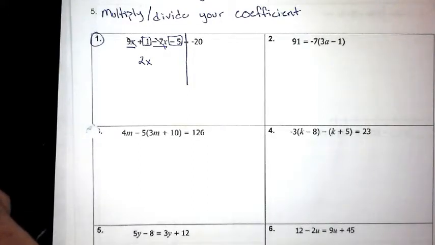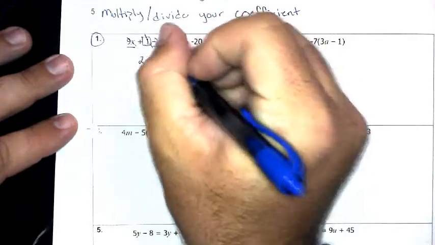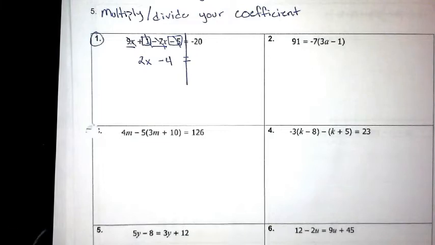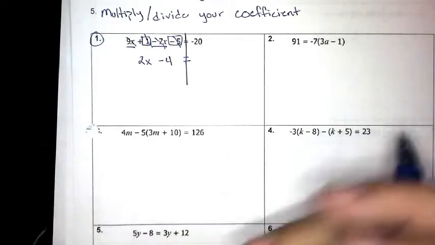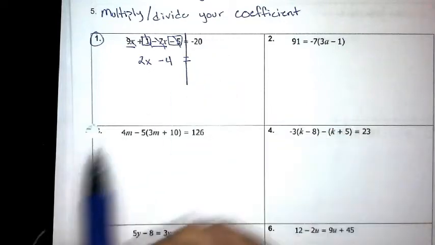What is 1 minus 5? -4, good. So what we have basically done is we've simplified the left-hand side, okay? So let's look to the right-hand side. Is there anything to combine or distribute on the right-hand side?